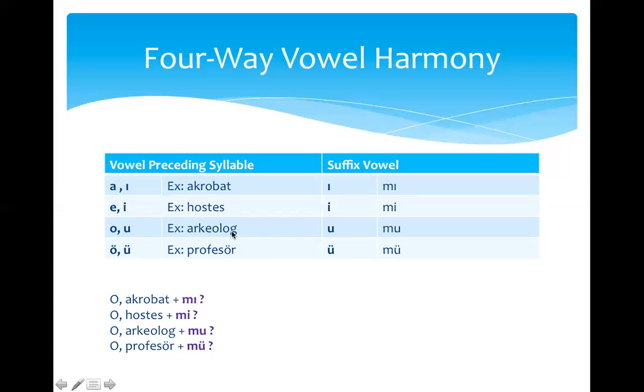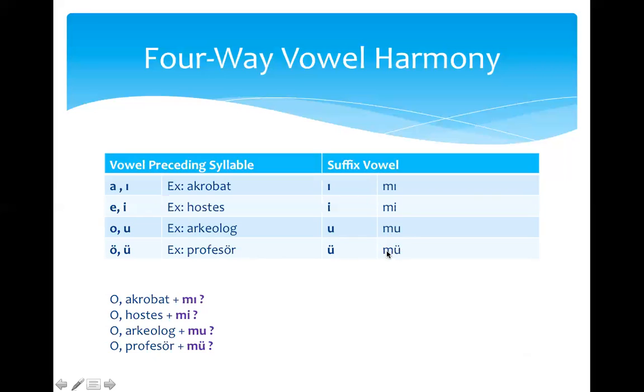Arkeolog ends with an o, could have been a u as well. So when the last vowel is o or u, the I suffix is going to present itself as u. So, mu. And professor, it ends with an ö, or any word with a ü in the last syllable.